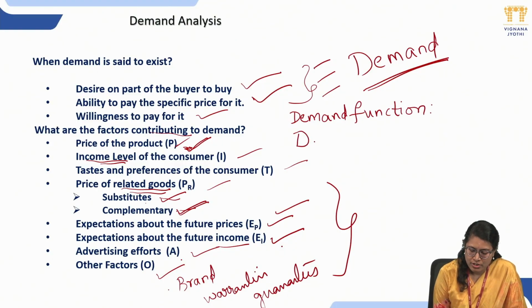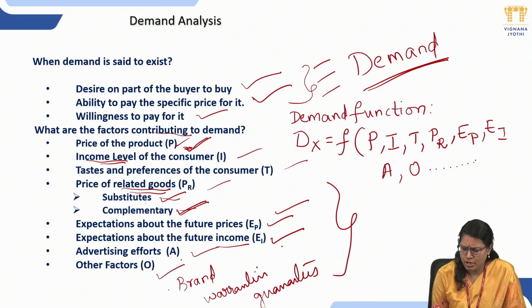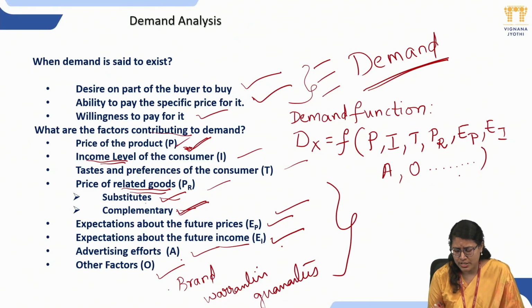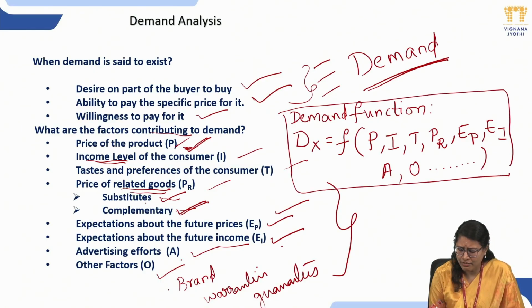So the demand function Dx is equal to a function of all these factors: the price, the income, the tastes and preferences, the price of the related goods, expectation about the future price, expectation about the future income, advertisement, and any other factors which make you purchase the product. So if you are able to write all these in a mathematical expression, then that is called the demand function.